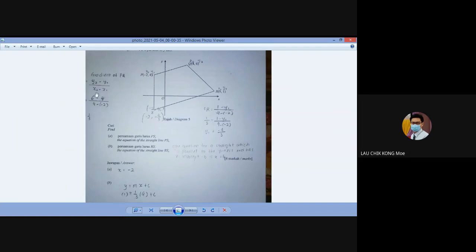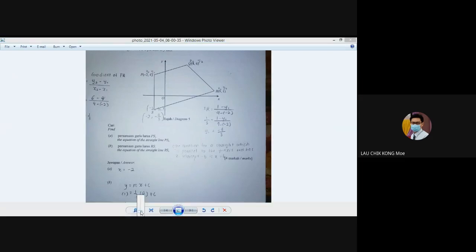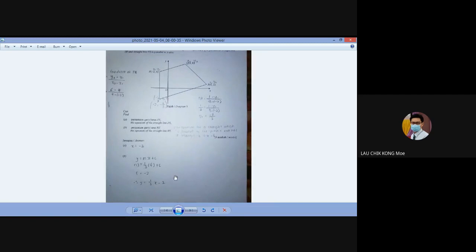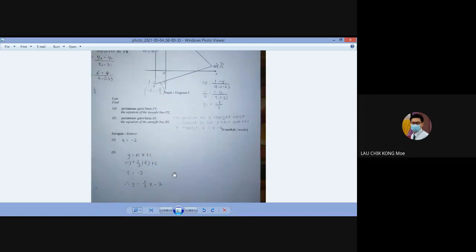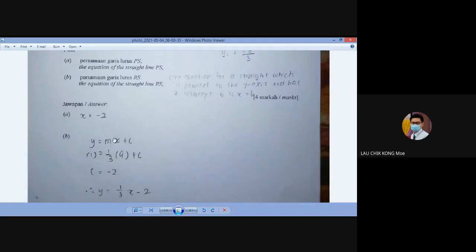So this student found the gradient on the left side here. y2 minus y1 divided by x2 minus x1. 6 minus 4 divided by 4 minus negative 2. So the gradient is 1 over 3, correct? After this, this student tried to write down y equals to mx plus c, and substituted the gradient equals to 1 over 3 and the point 9, 1.